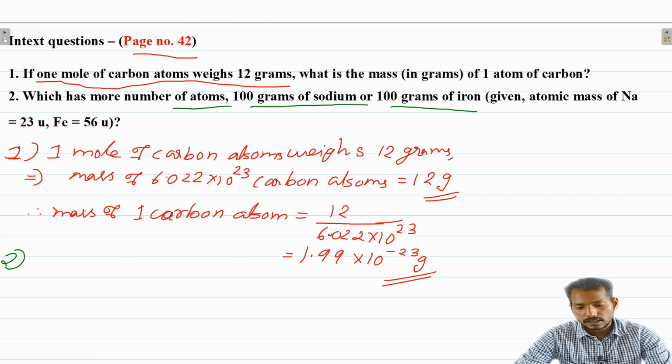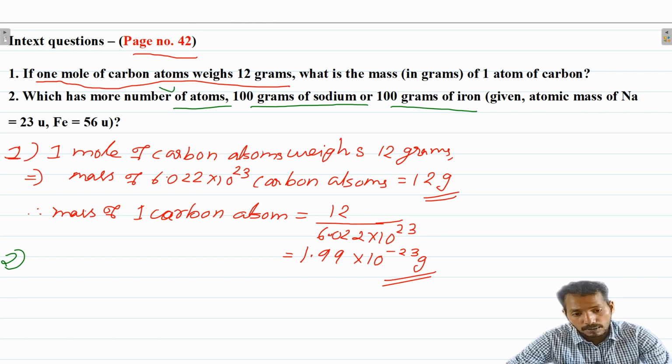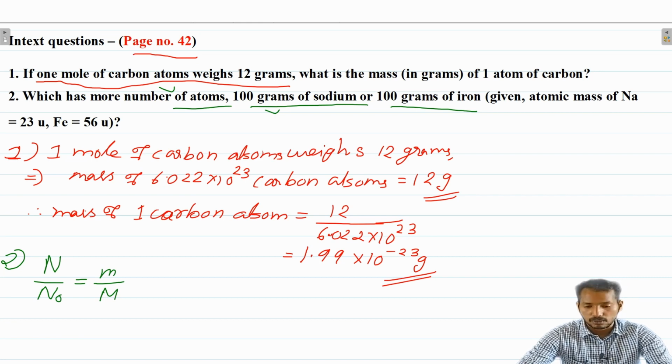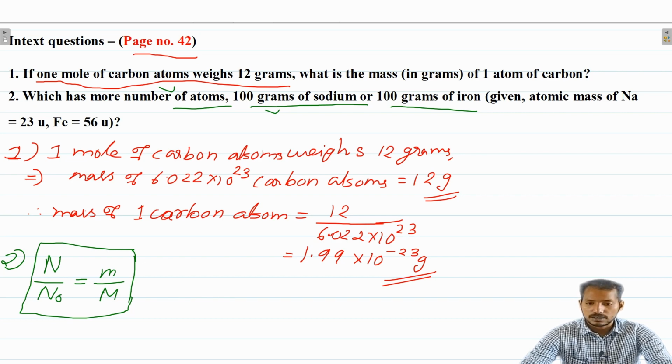So the formula we are going to use is N by N0 is equal to M divided by capital M, because it involves both the number of particles and the mass of the substance.